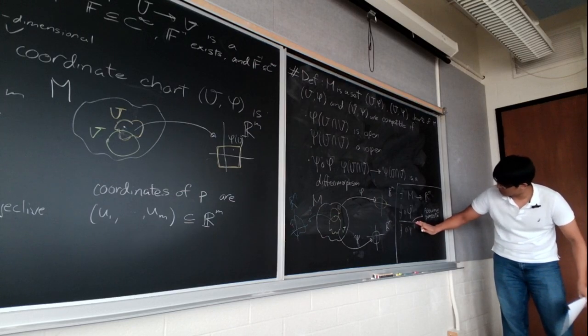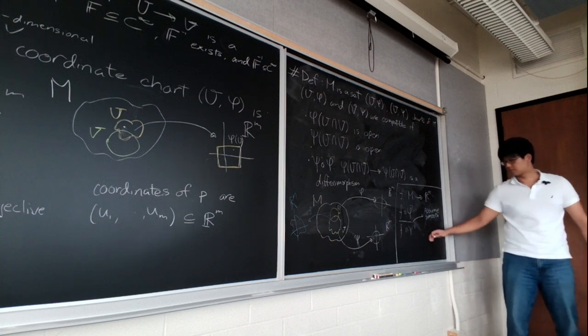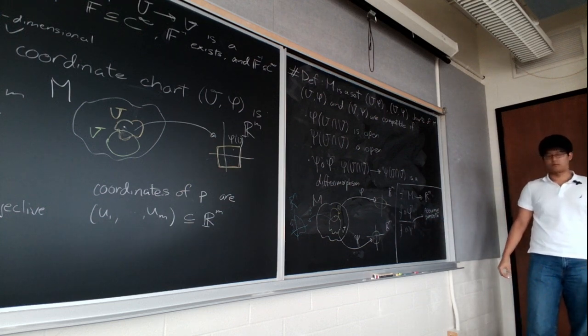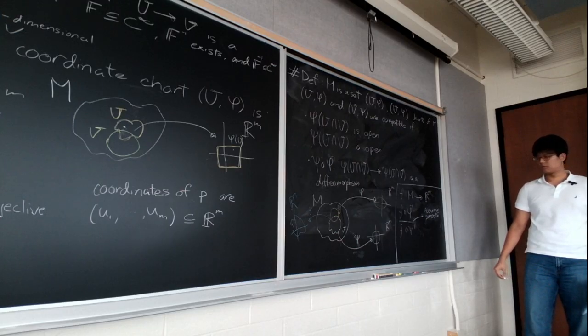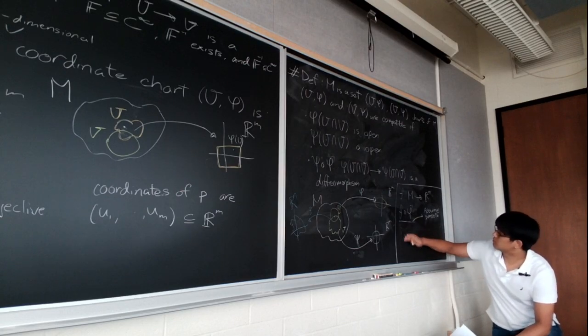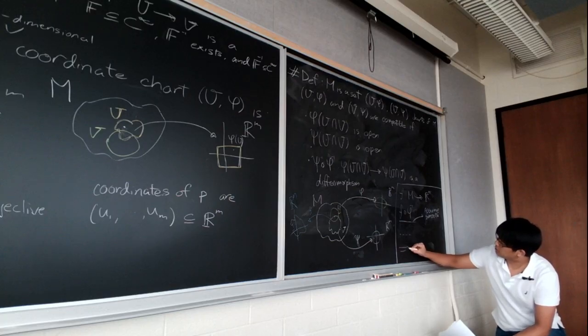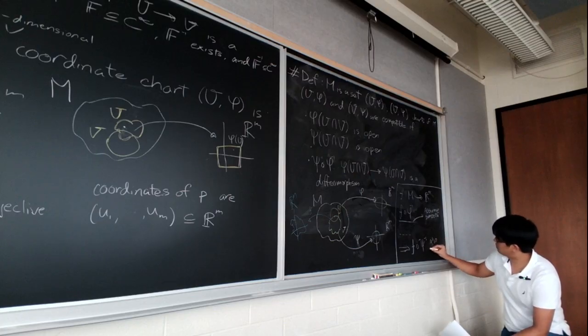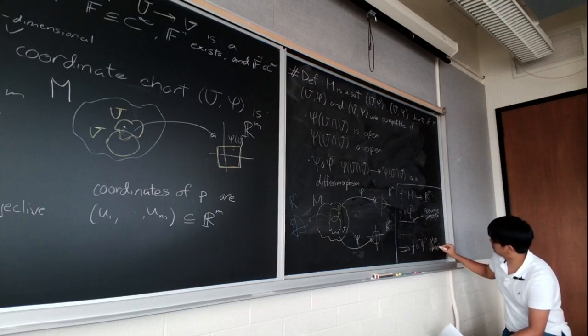So I want to come up with a condition of compatibility between two different charts, such that f composed with phi inverse being smooth implies that f composed with psi inverse is smooth. Does it make sense why this is a reasonable requirement to make?